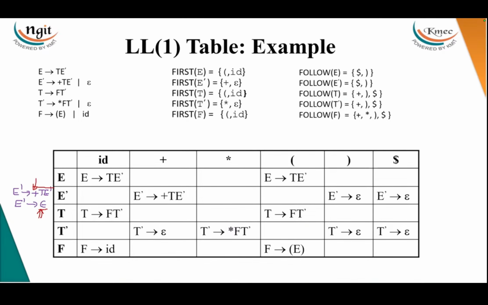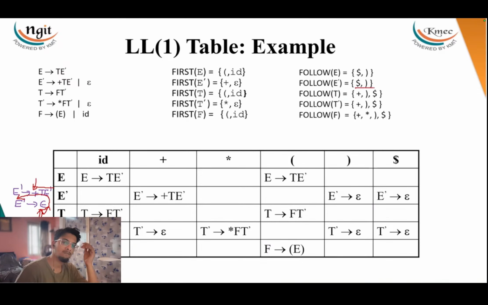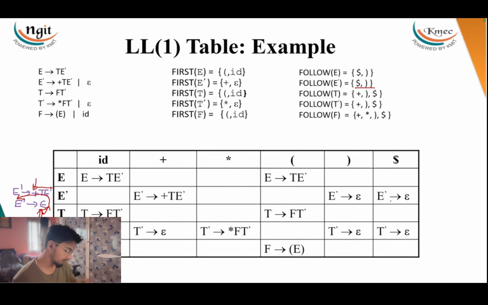No. So whenever you have the epsilon, go to the next symbol. Do you have any other? No. Then take follow of E dash. That's what we have done in finding the follow, right? So what is the follow of E dash? We have already found dollar and close parenthesis. So you have to keep this E dash tends to epsilon in dollar and close parenthesis. That's what we have done here, right?